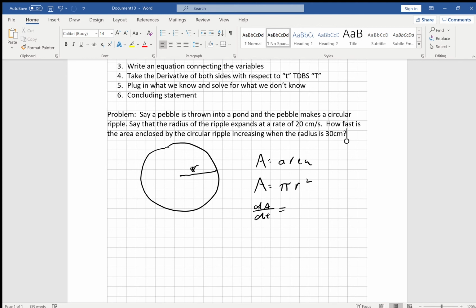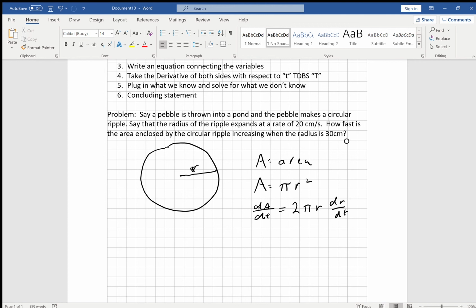The derivative of pi r squared with respect to r would just be 2 times pi times r, but we're taking the derivative with respect to t. So after we take the derivative of pi r squared, we have to take the derivative of r with respect to t, and that by definition is just dr/dt. So the derivative of pi r squared with respect to t is 2 pi r dr/dt.